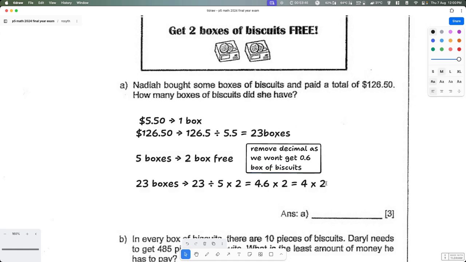So it's basically 4 times 2, which is equal to 8 boxes free. So then total will be 23 plus 8. This gives us 31 boxes in total. So that's the answer. Okay, so 31 in this case.